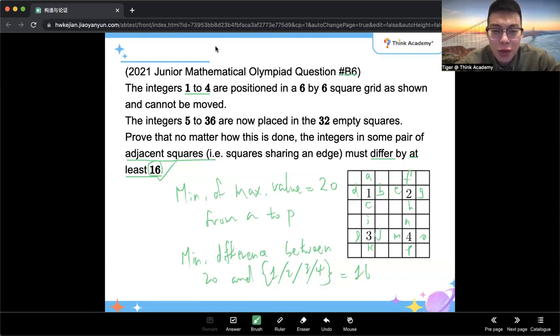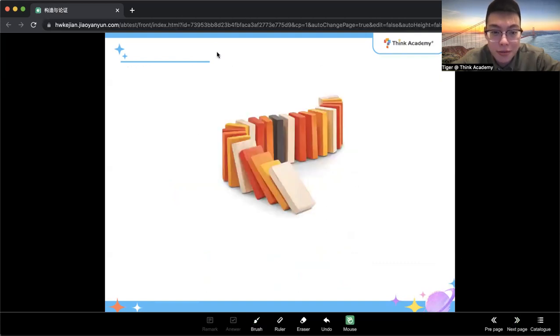If it is at least 21, then probably it's not true. So that's basically what we have for this question. And then there's also one more thing that I want to tell you.